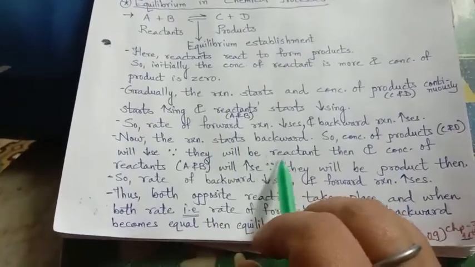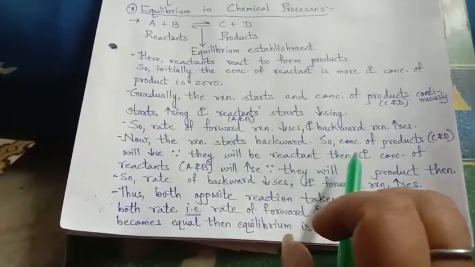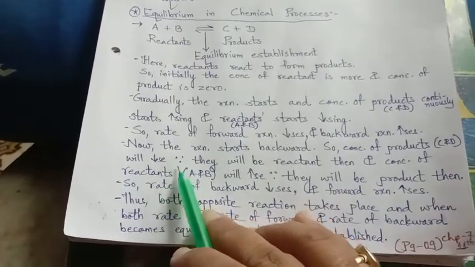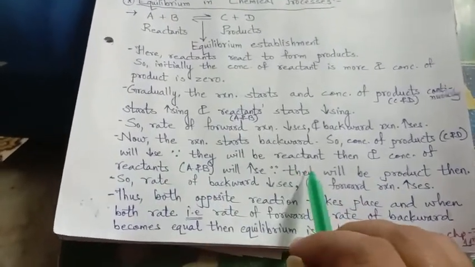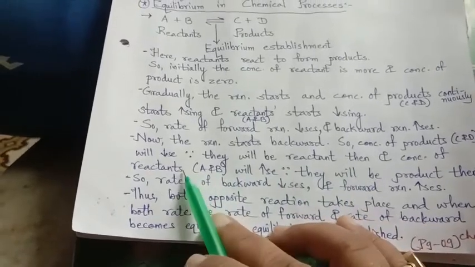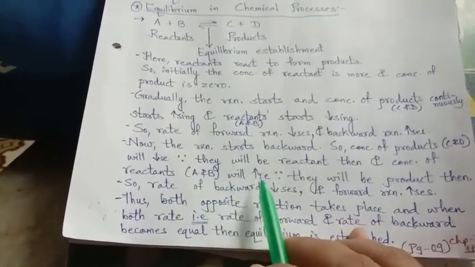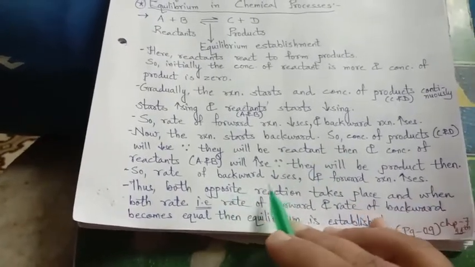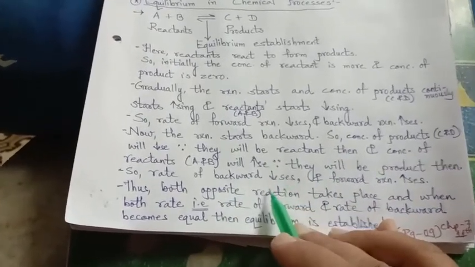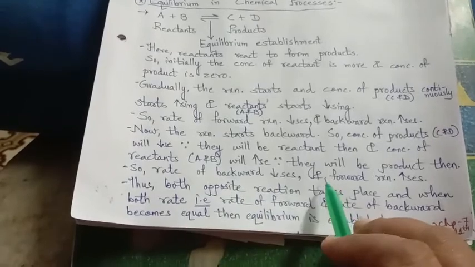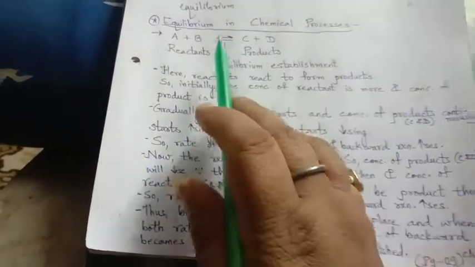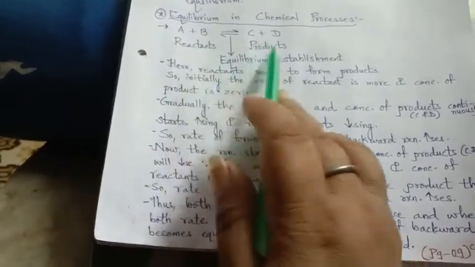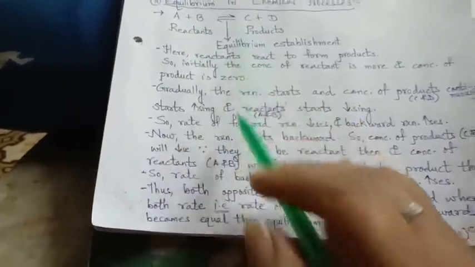So the concentration of product, that is C and D, will decrease because they will now be reactants, and the concentration of reactants, that is A and B, will increase because they will be products then. So the rate of backward reaction now increases and the forward reaction decreases. Thus what happens? Reactant to product and product to reactant. These are the opposite reactions.